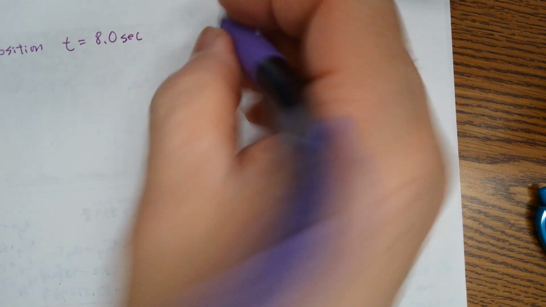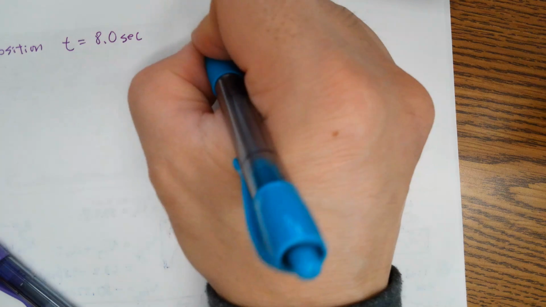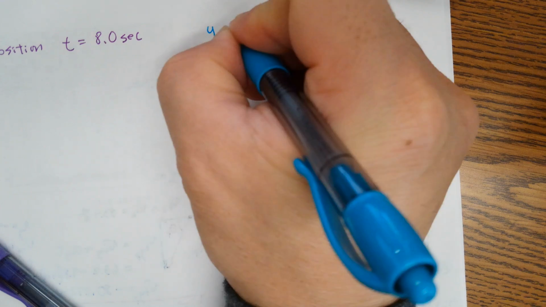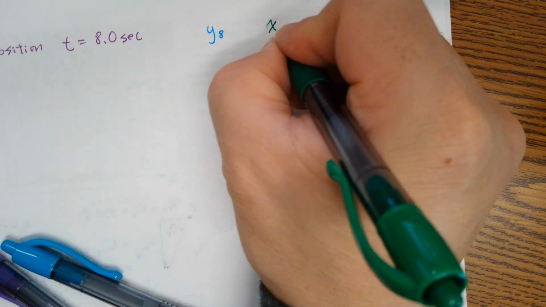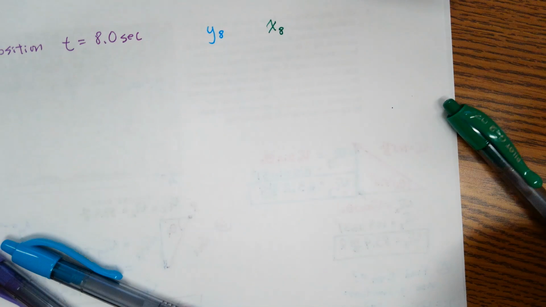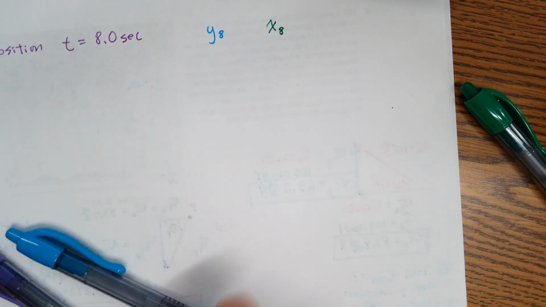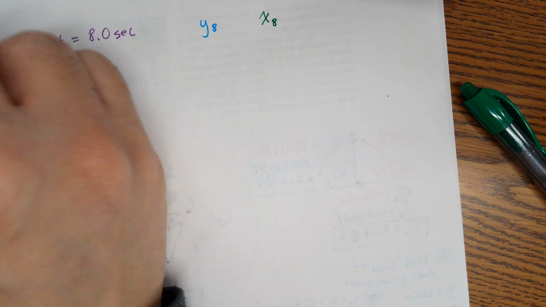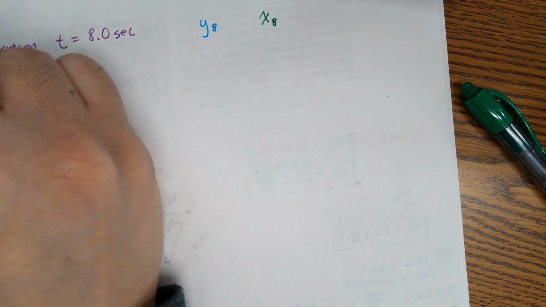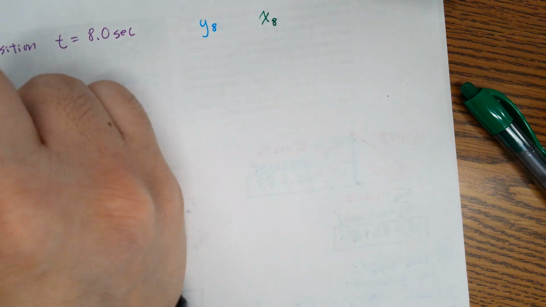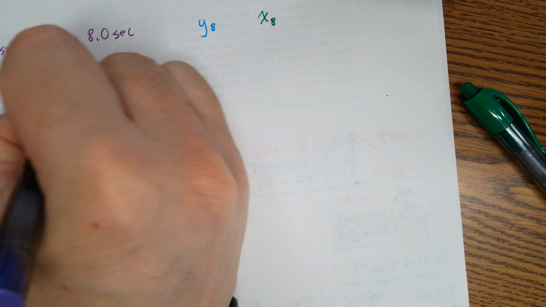That means I want to know what your y at 8 seconds is, and I want to know what your x at 8 seconds is. Then I also asked, what is the VF in component form when t is equal to 8 seconds?